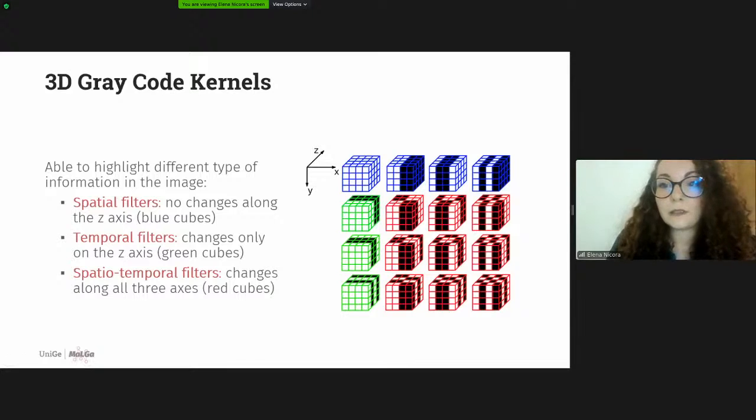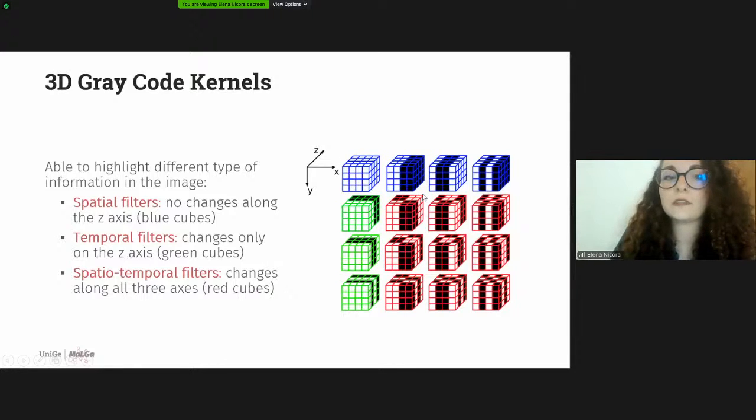Since we are interested in videos, the natural way was to switch to 3D Gray Code kernels. And the interesting fact is that after we computed them, we noticed that the resulting kernels within this family were able to highlight different types of information in the image. As you can see, the blue cubes here capture changes only along the x and y axis.